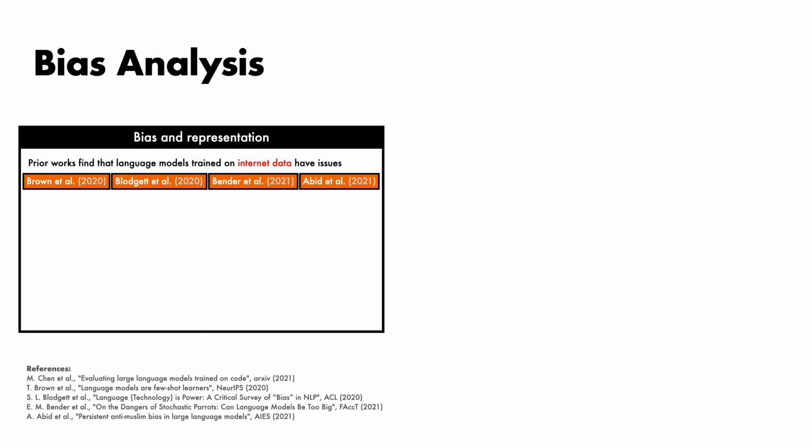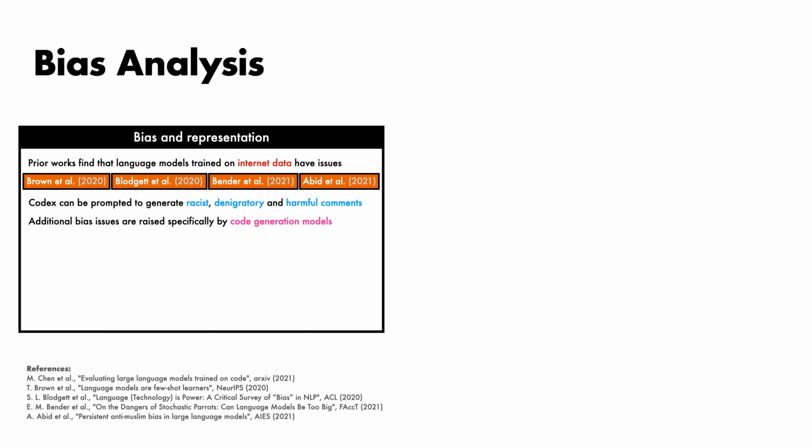In line with these works, the authors find that Codex can be prompted to generate racist and denigratory outputs as code comments. It is also found that additional bias issues are raised specifically by code generation models.